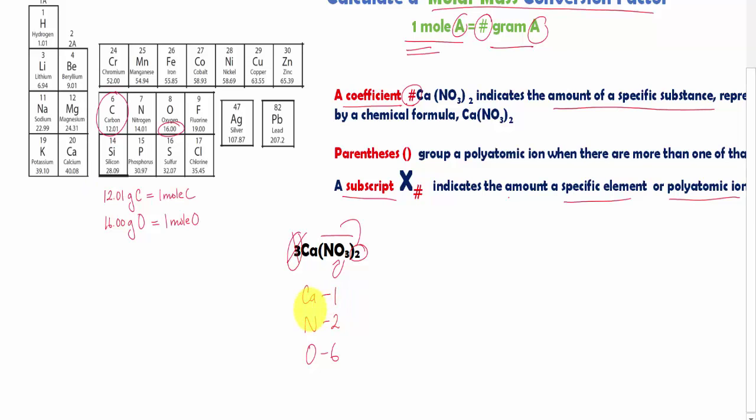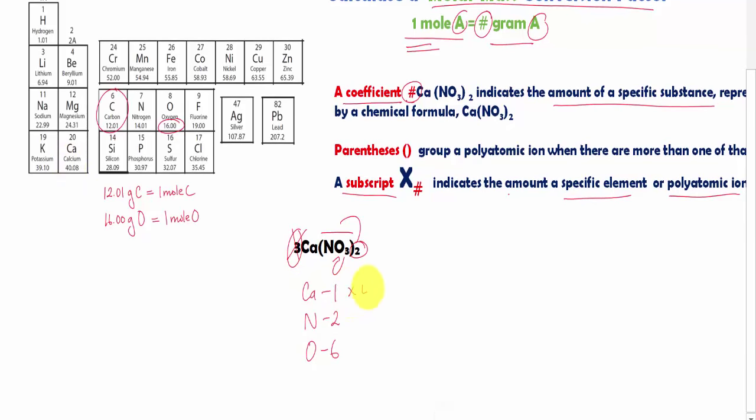To determine the total mass of all the elements in the chemical formula, we have to use the periodic table. First of all, we have calcium, which we multiply by 40.08, because each one of them is 40.08. For nitrogen, it's 14.01. For oxygen, it's 16.0. Then we do the math behind it.